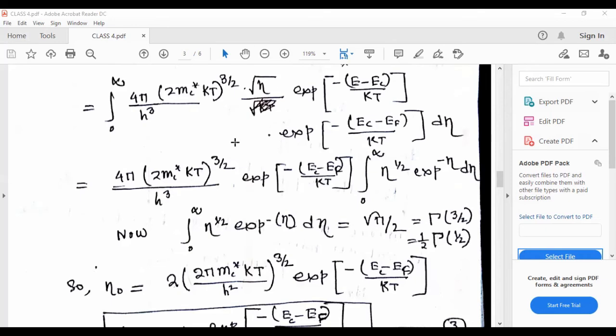All this term, 4 pi (2 mc star KT) to the power 3 by 2 divided by h cube, and exponential of (Ec minus EF) upon KT, are constants. So whatever we have inside this integration is the integration from 0 to infinity of eta to the power half, exponential of minus eta, d eta.